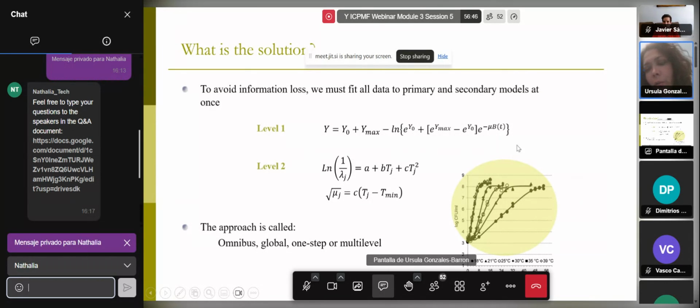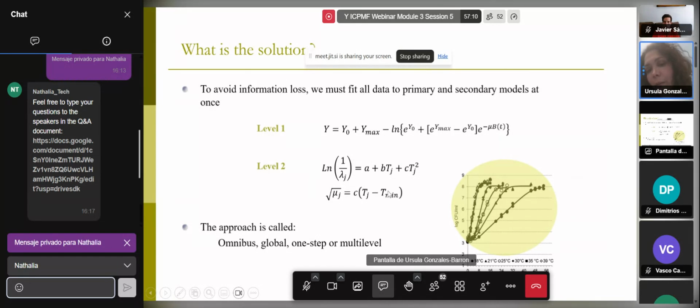At level 1, you will have your equation for the primary model. This is the Huang's equation here. Why did I put this equation? Because I need an equation to represent lag. Sometimes you don't have the lag phase, and then the model is simpler to fit. Because if you do not have the lag phase, also at level 2, you do not need a secondary model for the lag phase.